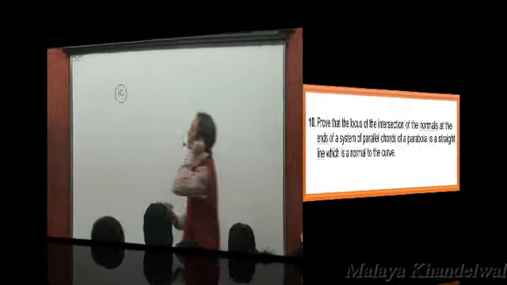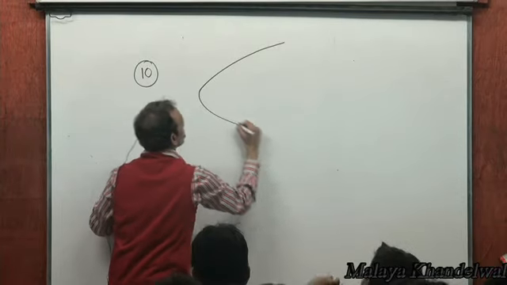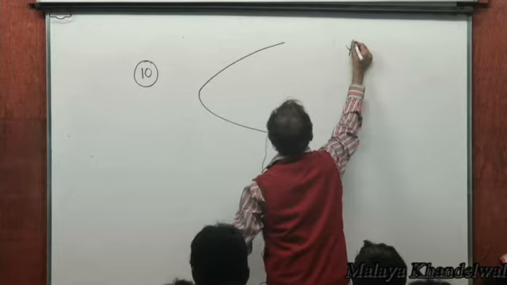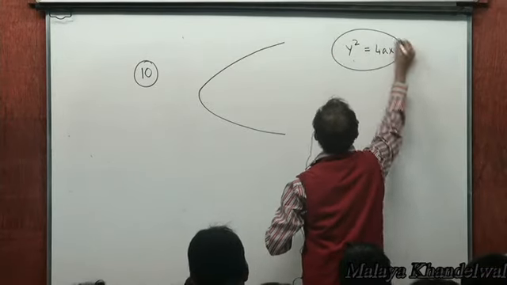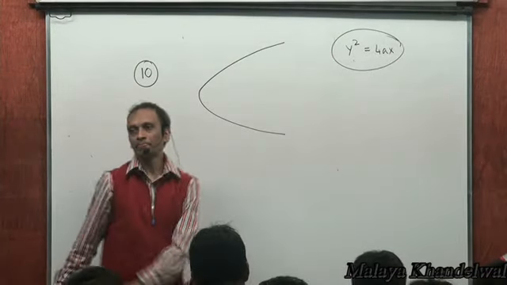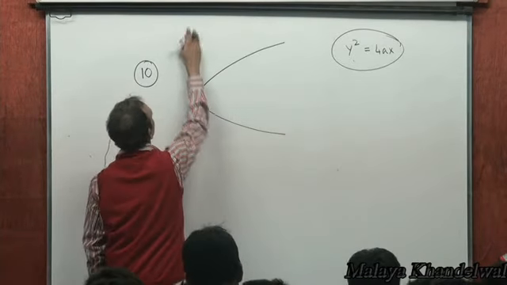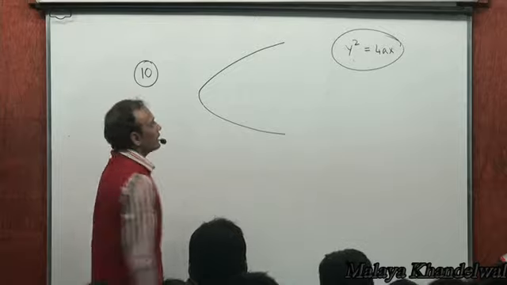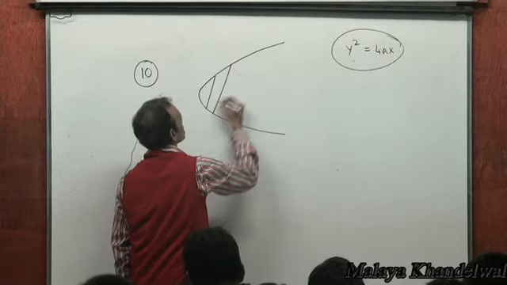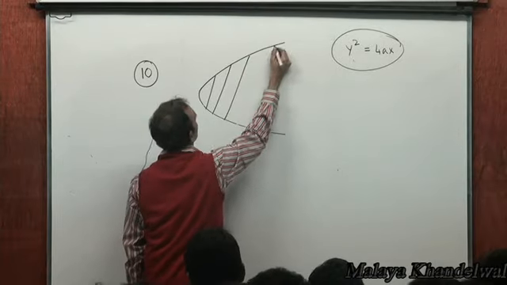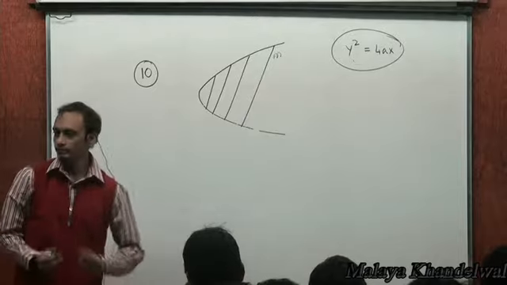Now, say there is a parabola y squared equal to 4ax. And there are a bunch of parallel lines. These are a bunch of parallel lines, each of slope m. Clear?